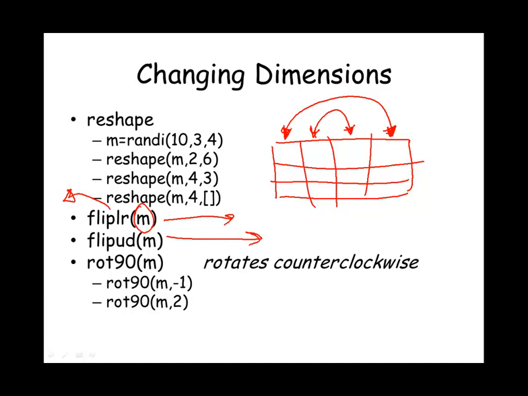Flip up down will switch the rows from top to bottom. So it will take the first row and place it in the third row and vice versa. And since we have an odd number of rows, the second row will be the same in the matrix that is returned from the flip up-down function.